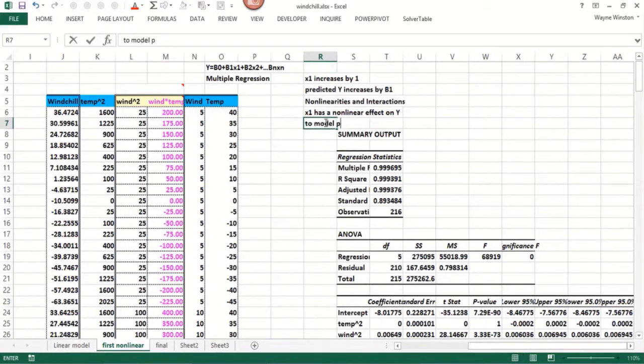To model a possible nonlinear effect of an independent variable, there's a couple ways to do this, but a common approach is to insert x1 squared, x2 squared, etc. as independent variables.